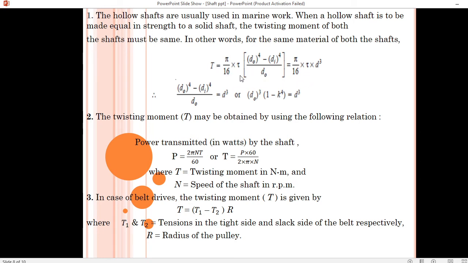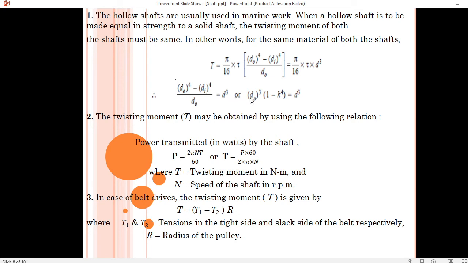Equating the equation, we can write pi by 16 into tau into d0 to the power 4 minus di to the power 4 divided by d0 is equal to pi by 16 tau d cube. Pi by 16 gets cancelled, tau also gets cancelled, so this is equal to d cube.